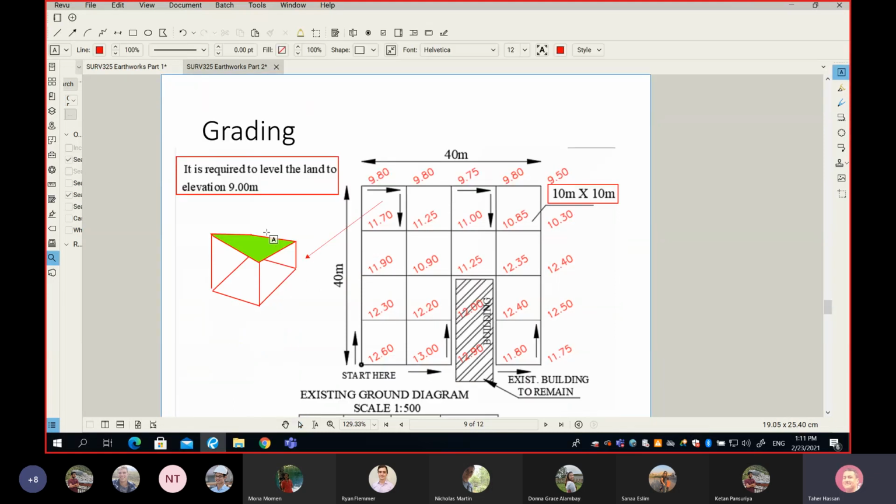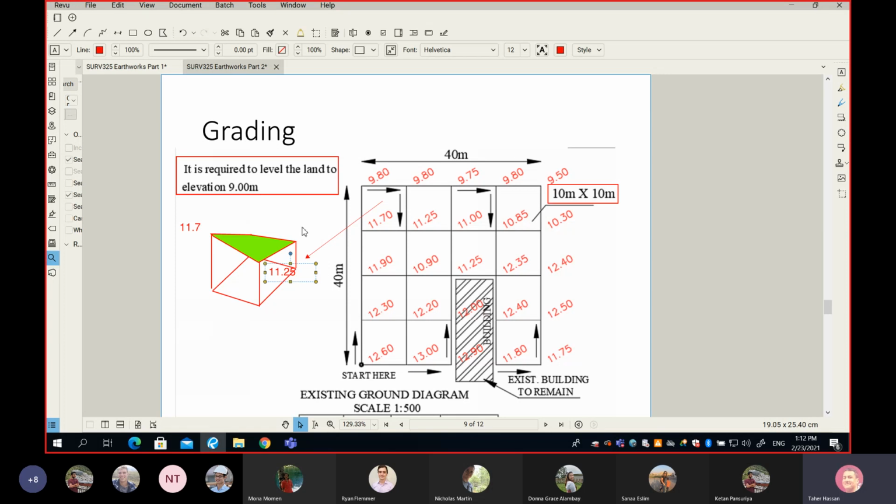Let's put some numbers. The elevation at the front here is 11.7. The elevation at this front corner is 11.25.